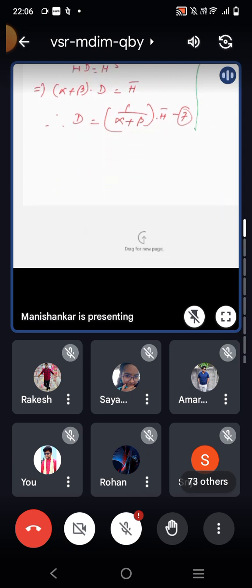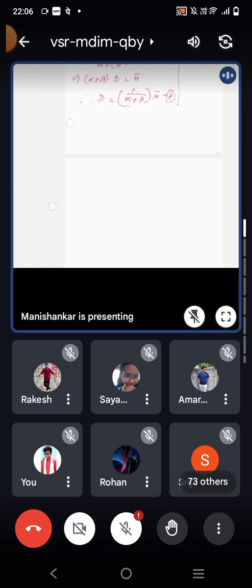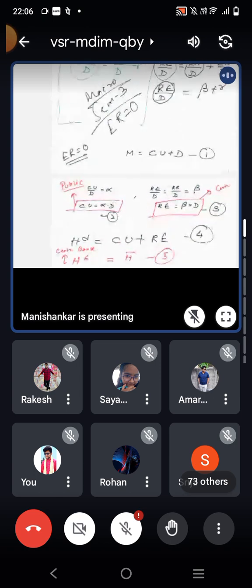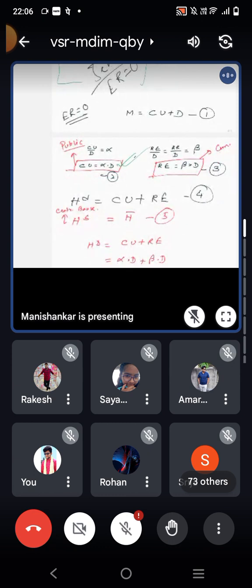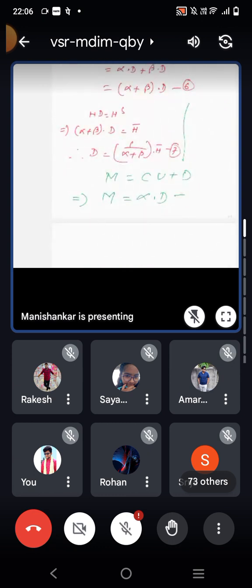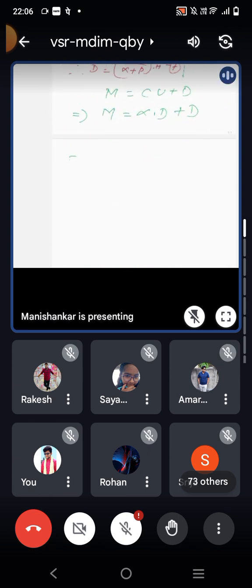Now just recall our first main equation, that is M equals Cu plus D. So M equals alpha into D plus D, since Cu equals alpha into D from equation 2. So what is your money supply value, M?